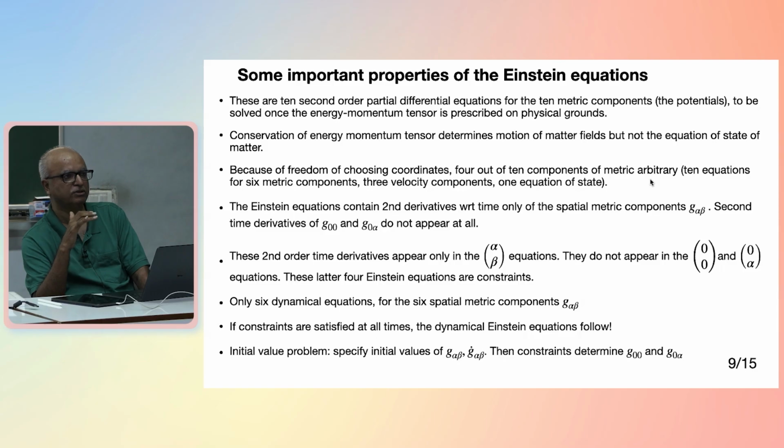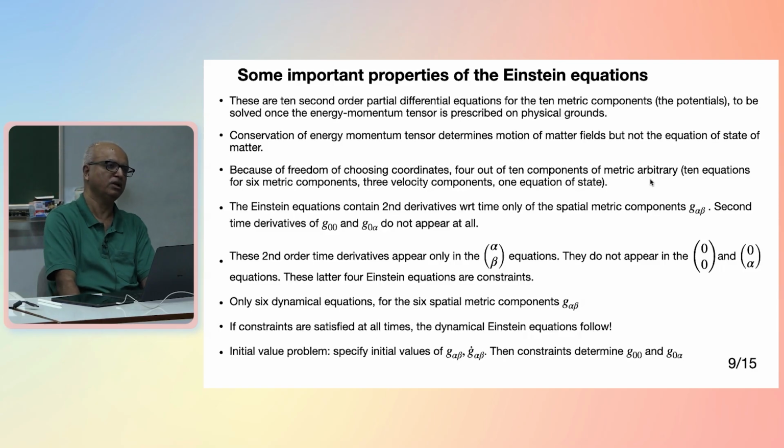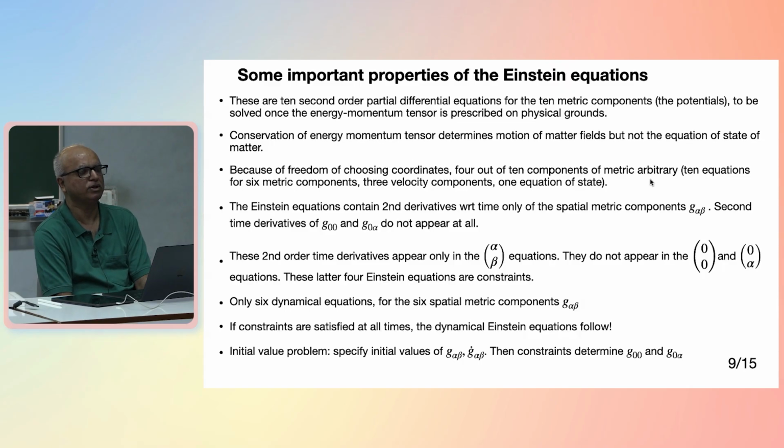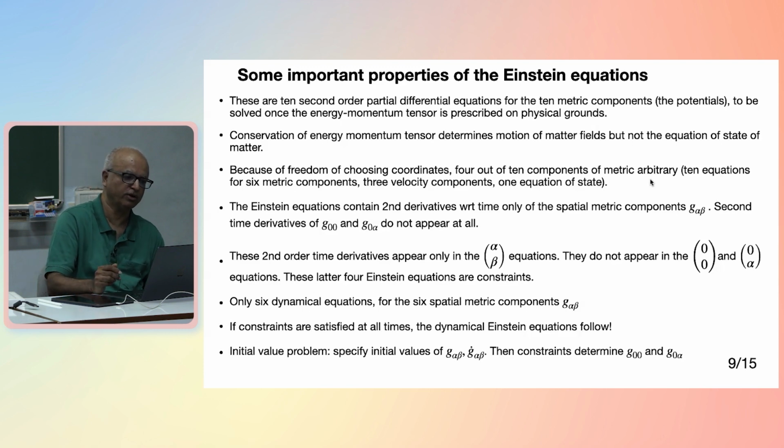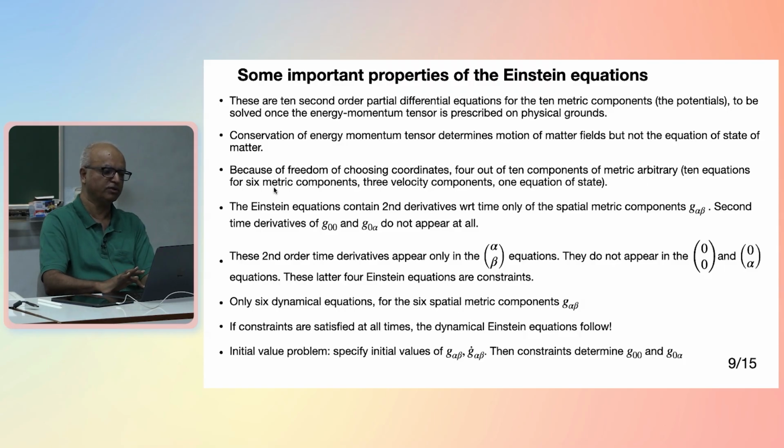The Einstein tensor G_ij also has 10 components. So there are 10 Einstein equations, but only 6 out of the 10 metric components should be determined by the equations, because 4 are subject to the arbitrariness of coordinate transformation. So you can look at it as 10 equations for 6 metric components.